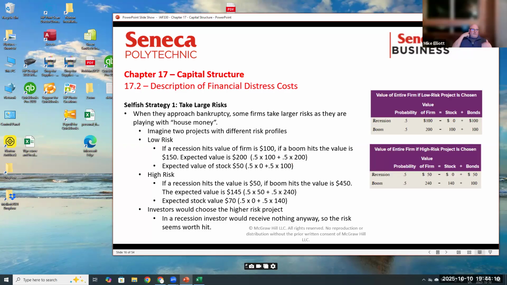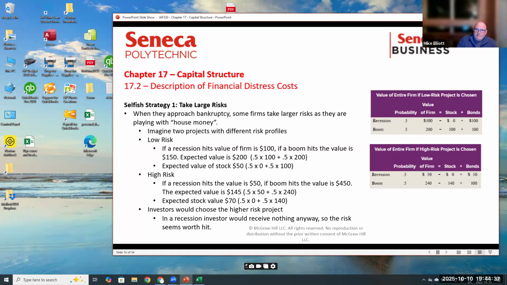When we approach bankruptcy, some firms take larger risks because they're playing with house money at this time. It's not going to get worse. So imagine two projects with different risk profiles. We have a low risk profile. If a recession hits, the value of the firm is $100.